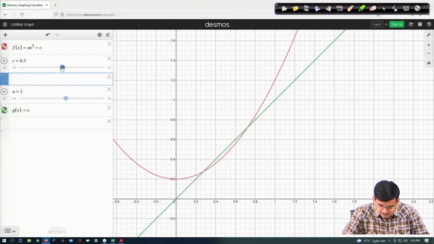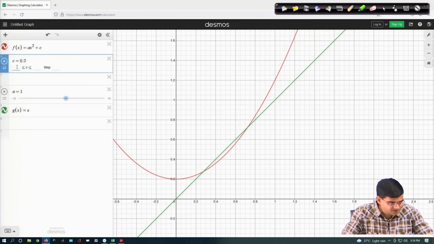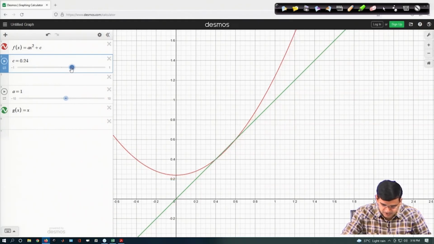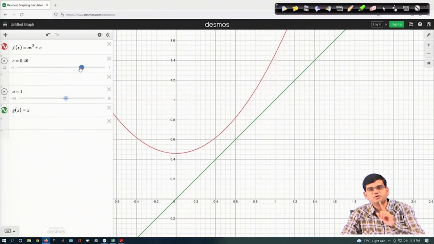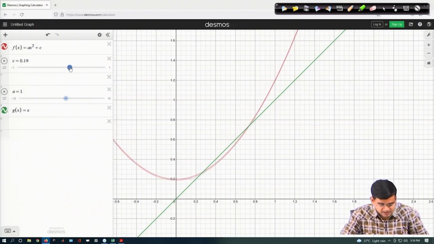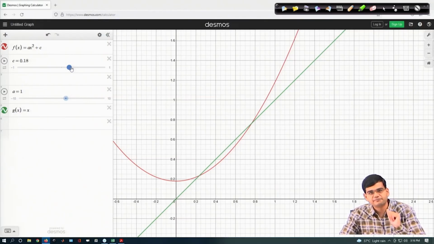now you see for certain value of c you can have exactly one fixed point. So, let me move it between minus 1 to 1. If I set this at 0.25, at 0.25 there is only one solution, that means there is one fixed point, greater than 0.25 there is no fixed point, and lesser than that there are two fixed points.